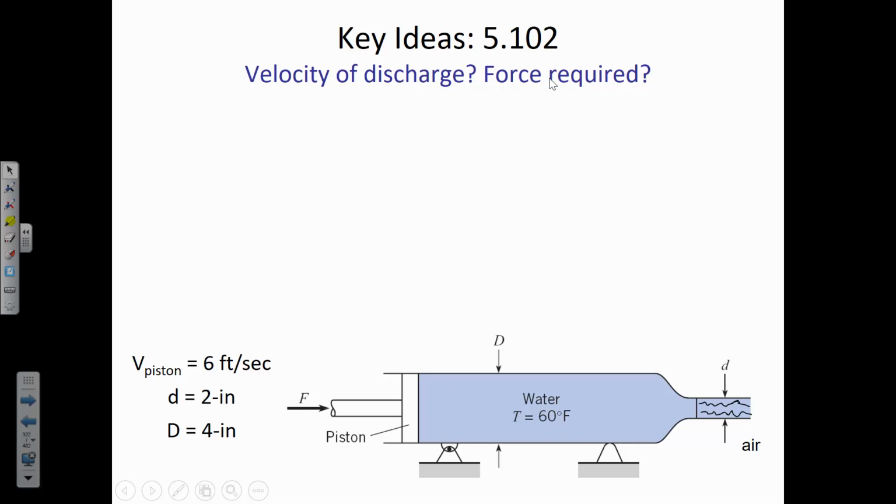They want to know, number one, what's the velocity of the water that's coming out? And that's actually a really easy part because they tell you the two diameters and the fact that the piston is going 6 feet per second. And so finding the velocity of discharge is kind of a negligible part of it. You're just applying the continuity relationship to find how fast the water is moving that's going out.